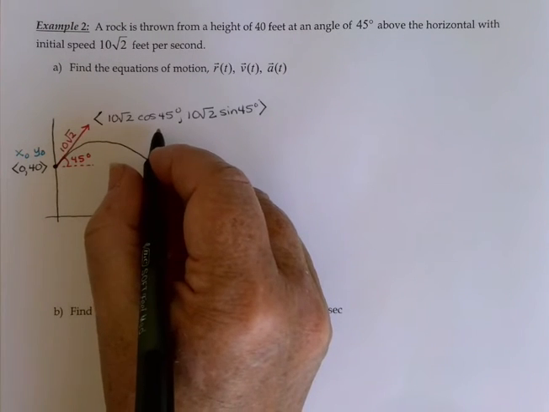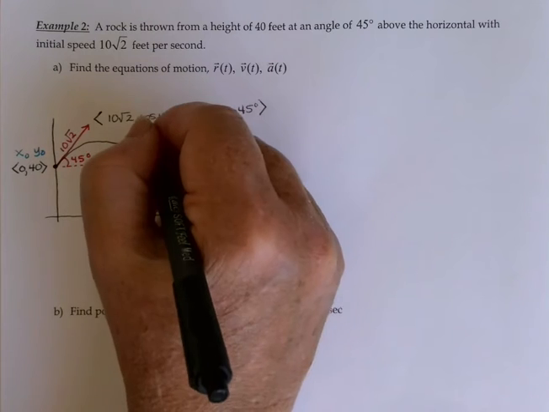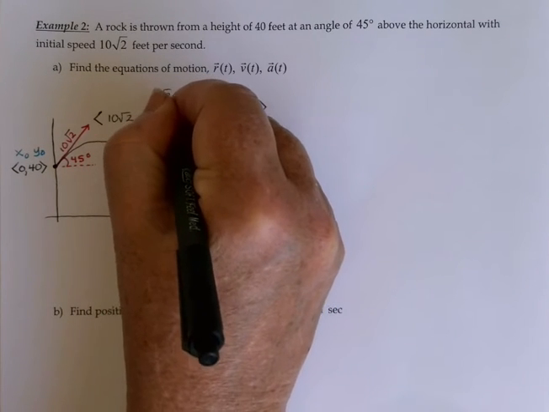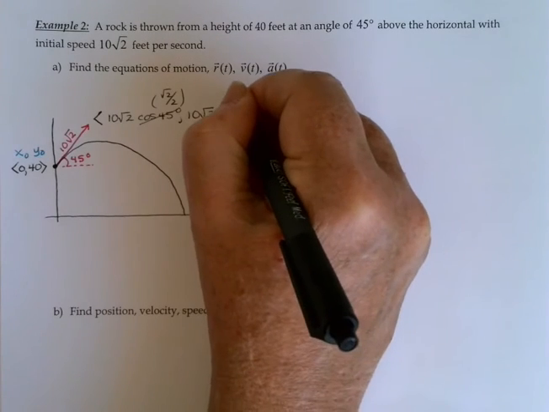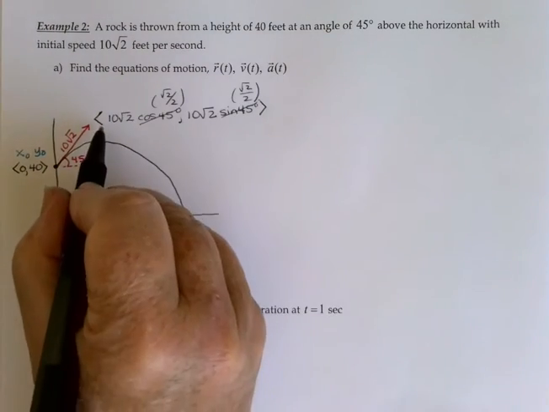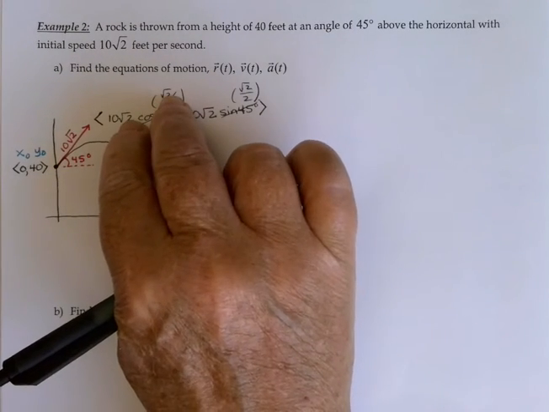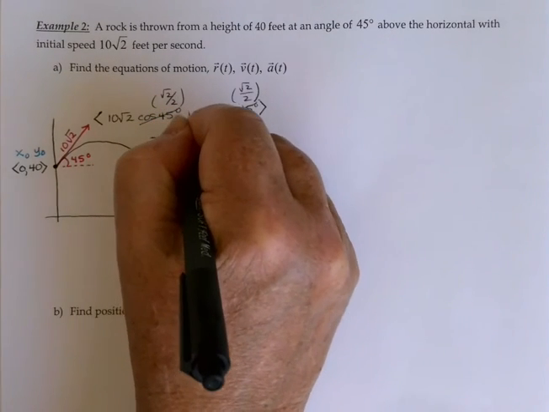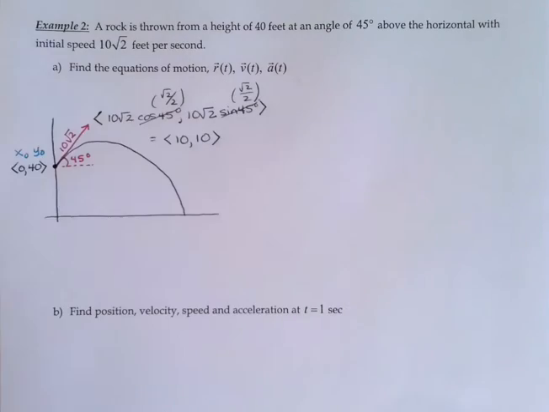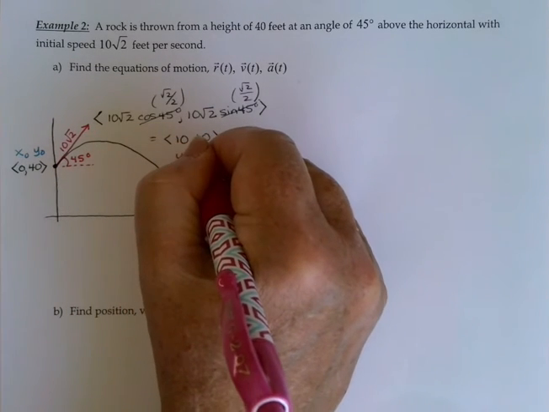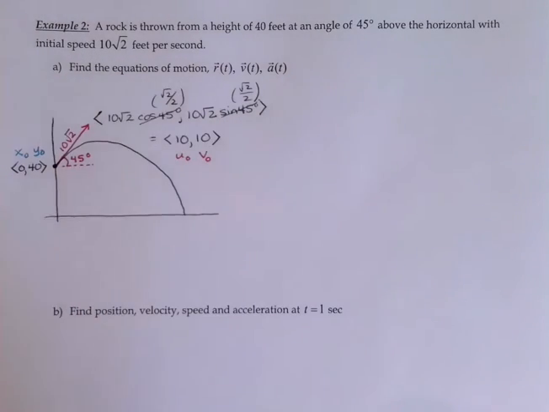Since both cosine and sine of 45 degrees are square root 2 over 2, that's going to give me 10 times 2 is 20, divided by 2 is 10. And that'll be the same for the y component. So 10, 10 is the initial velocity vector. And in our process, that's what we were calling u naught and v naught.